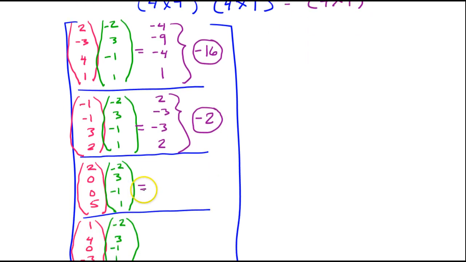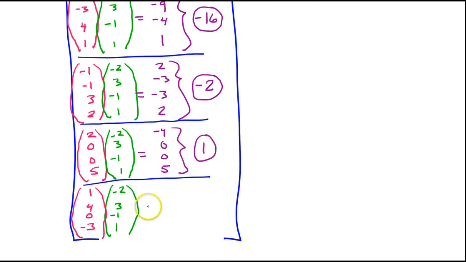Okay, for the next element, multiplying again straight across, I'm going to have -4, 0, 0, and 5. Add them all up, and you get 1. And for the last element, multiplying straight across, I'm going to have -2, 12, 0, -3.